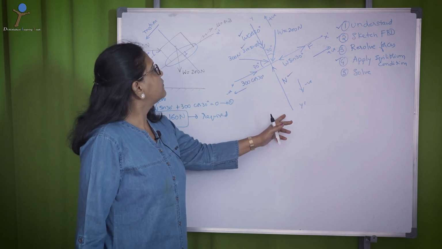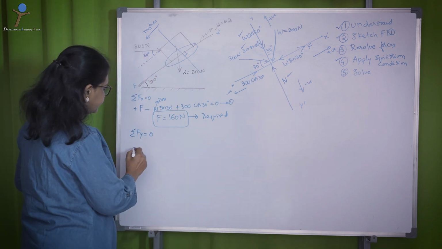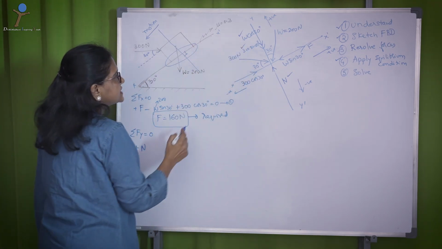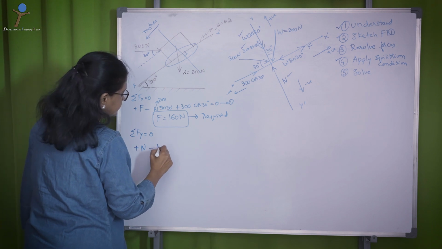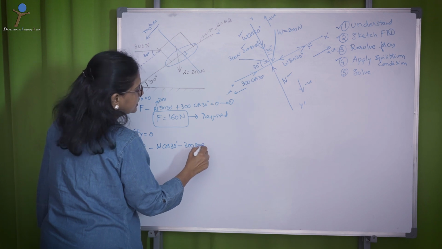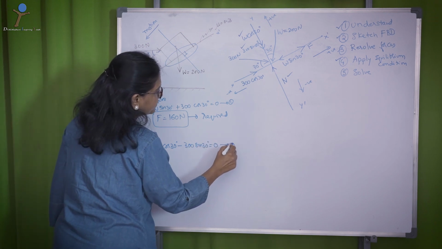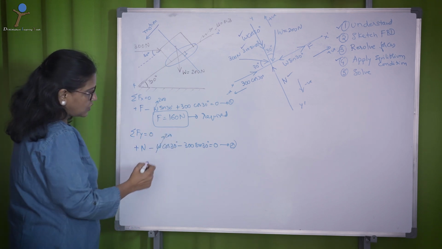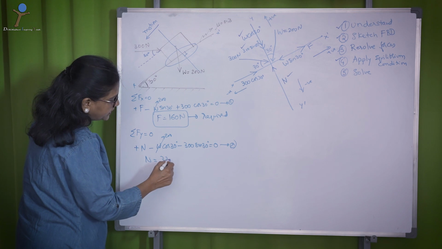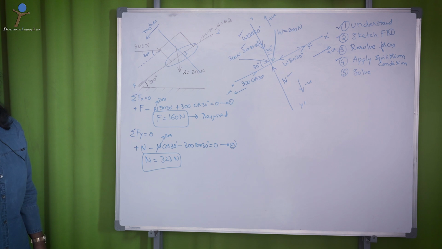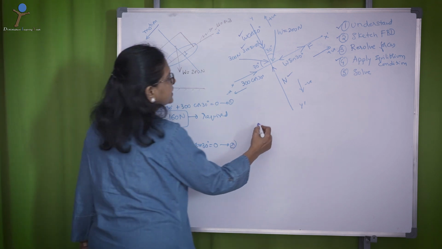Forces acting in upward direction, that is N, positive, and downward direction W cos 30 and 300 sin 30 negative: N minus W cos 30 minus 300 sin 30 equal to 0. Now, again substitute W as 200, solve for N, it is coming around 323 Newtons.